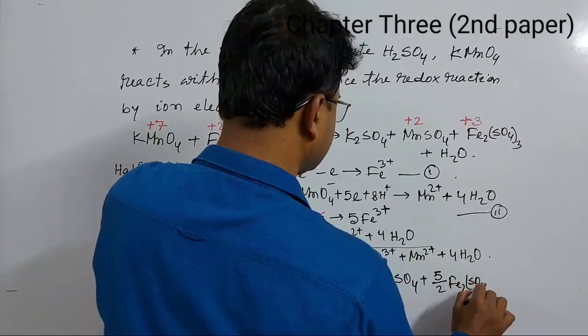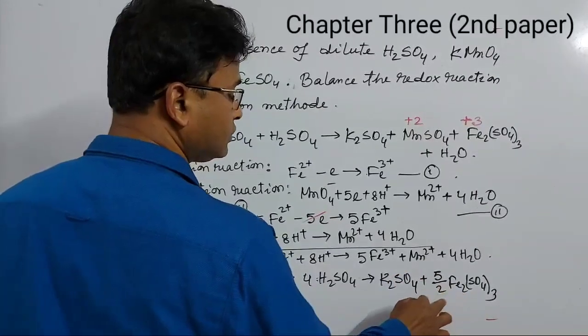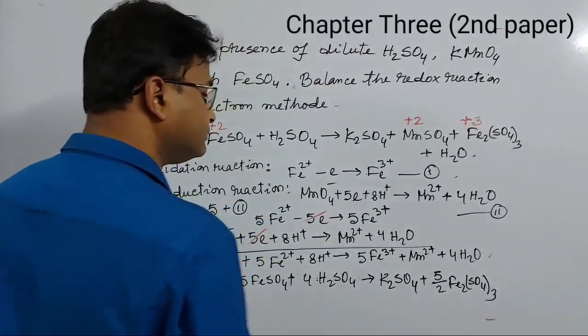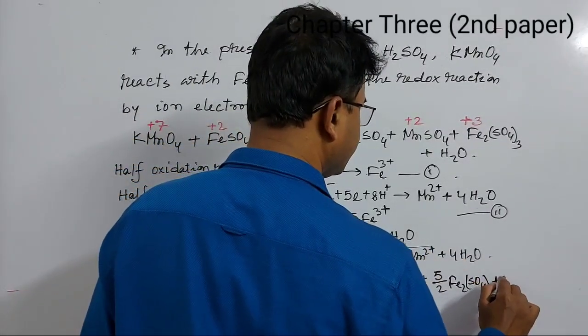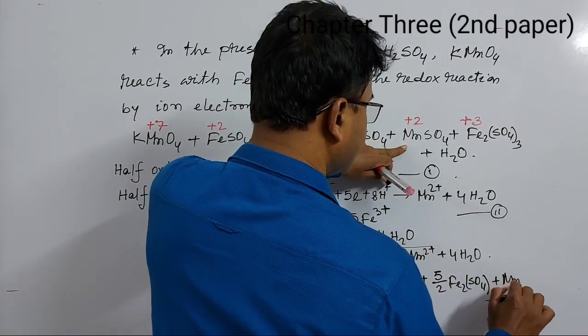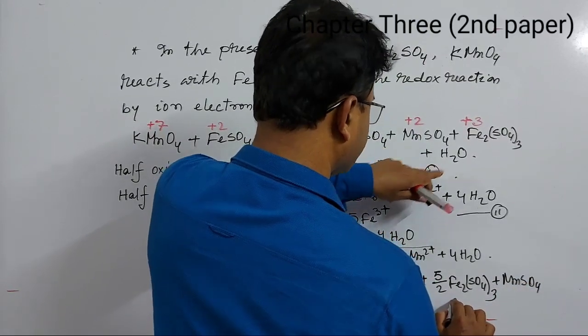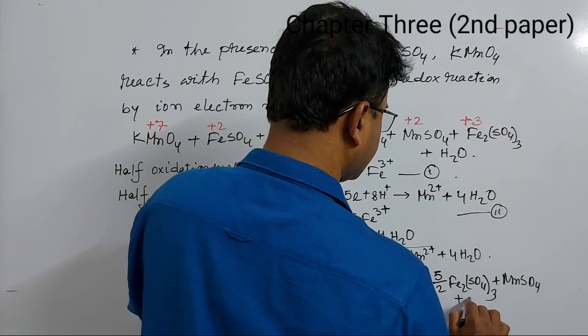Students, to fix the 5 here, I have to write here 5 by 2, 2 will be crossed out. Then manganese sulfate, for Mn2 plus it will be manganese sulfate plus water, 4 molecules of water.